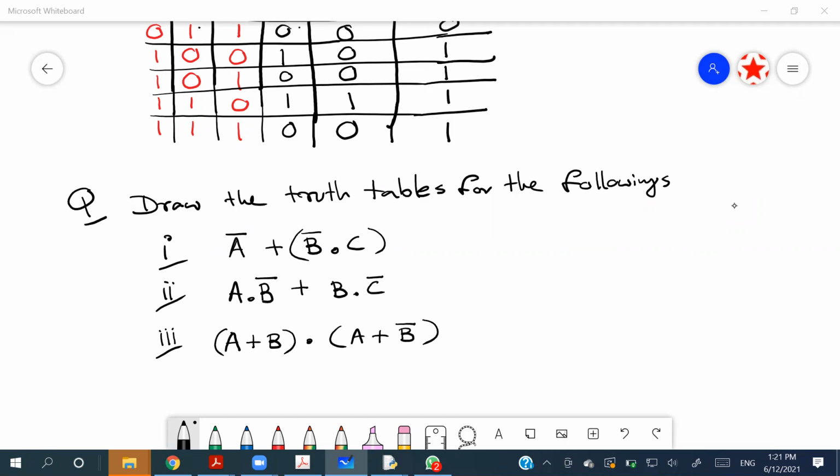Let me see, Dua. Dua, there is a problem. Hold on. Okay, the column A is right, B is correct, C is correct, and A bar is correct. Yeah, you took the B bar, right? Yes, B bar. It is correct, and B bar dot C, the B bar dot C column.